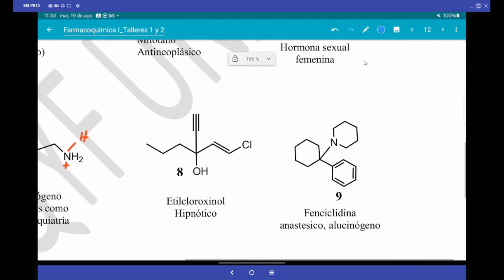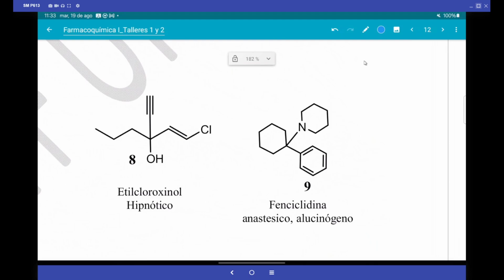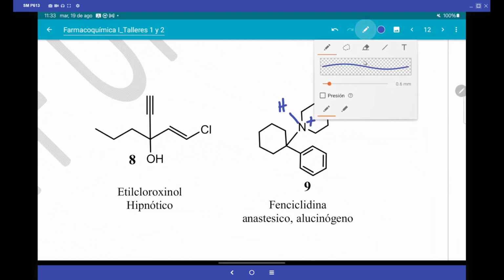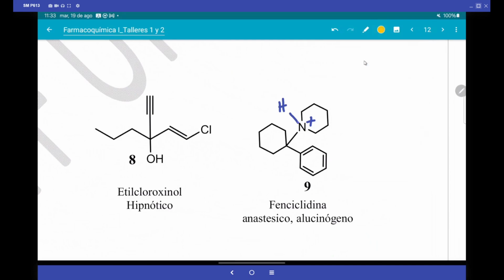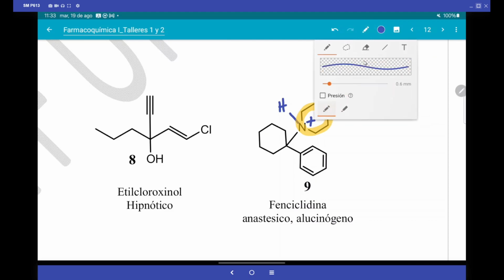What happens with these two? We go to the 8 and the 9. Here we have a basic nitrogen, and we are remembering general nomenclature. The name of this ring starts with Pi, piperidine.